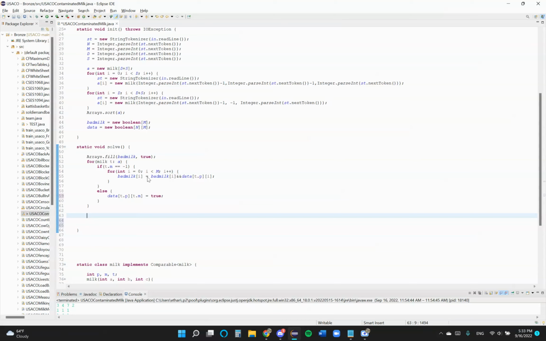So right now in data, we have all the data about who drank what milk, and in bad milk, we should have the data about which milk could possibly be contaminated. And then now that all that is said, we just have to iterate through all of the possible types of milk and check if they're possibly contaminated.